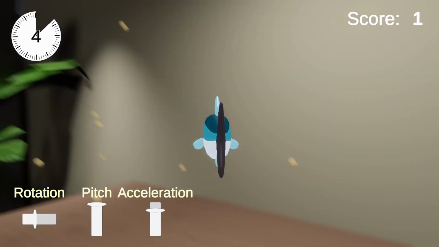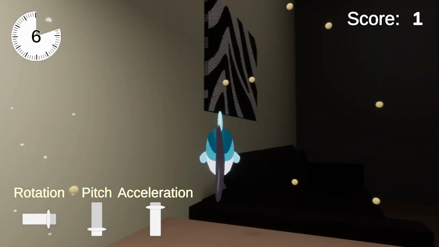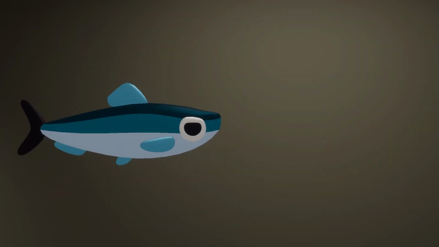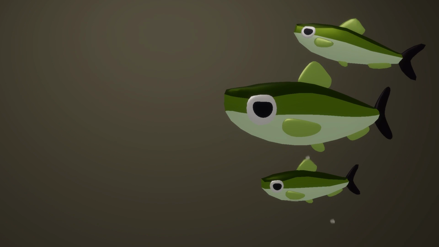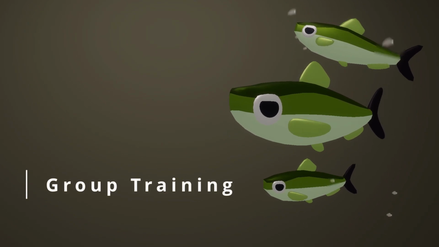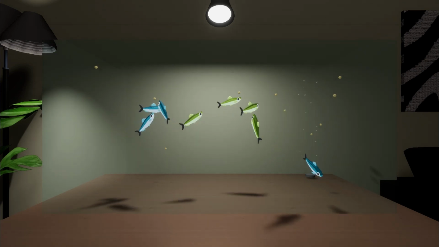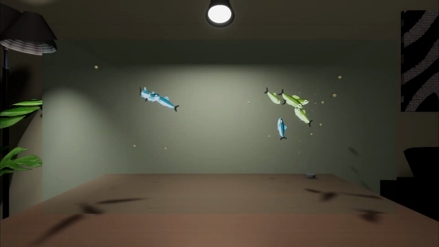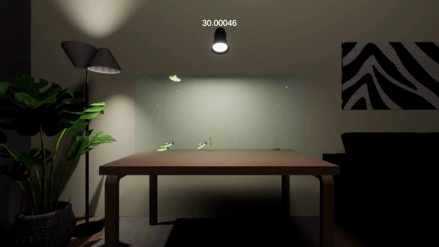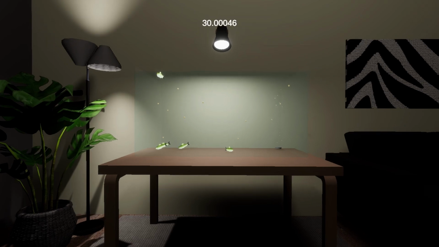We will temporarily set Artie aside and train a second neural network. We will fully replicate the previous experiment, but this time we will place multiple fish in the aquarium. In this way, Artie will learn to control itself and collect food in a competitive environment.